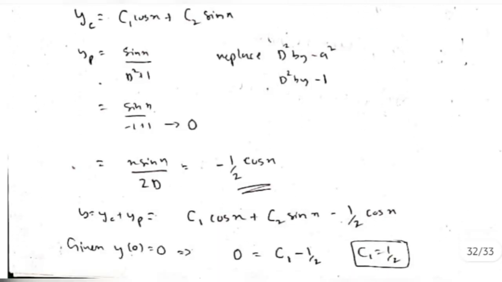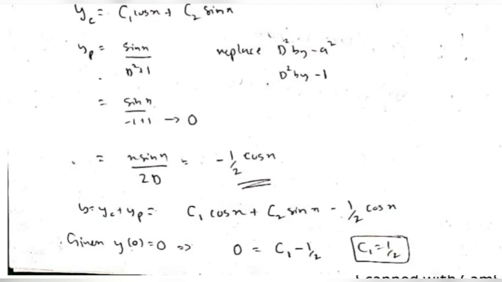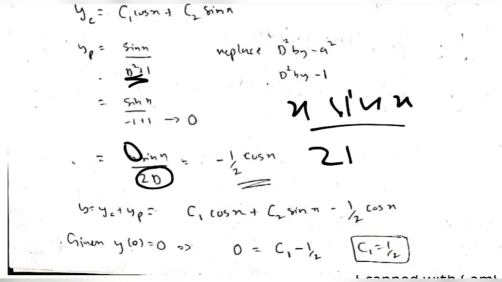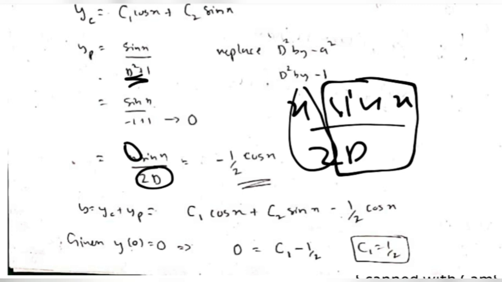To avoid that, what we can do is, we'll be differentiating the denominator. So we'll get 2d, and we'll be multiplying the numerator with x. So what we get is x sin x by 2d. Now take this x and 2 as separate and find this sin x by d. What is sin x by d?